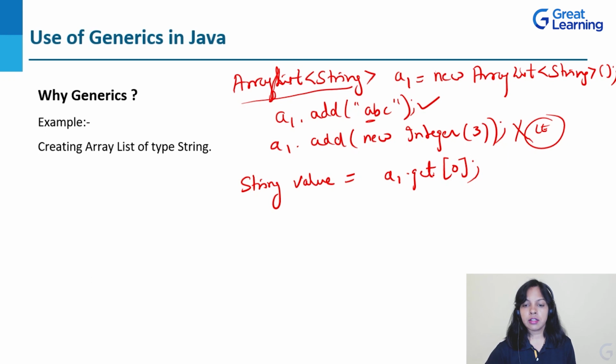So 0 is the index here. A1.get. Now here I don't need to do any explicit typecasting. In this case, it will not throw any error. It will be compiled correctly. So this is how the second point is resolved by using generics in Java, that is, no explicit typecasting is required. So this was all about why we use generics in Java.